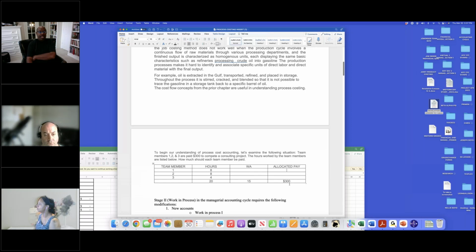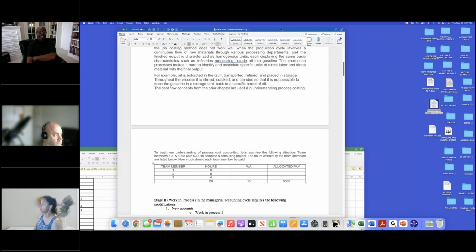Team member 1 worked 8 hours, team member 2 worked 8 hours, team member 3 worked 4 hours. How much money are you going to give to each team member? Are you going to give them all the same thing? No. Why not?